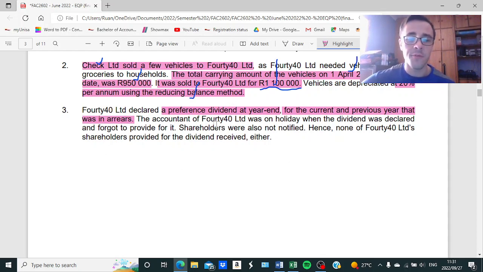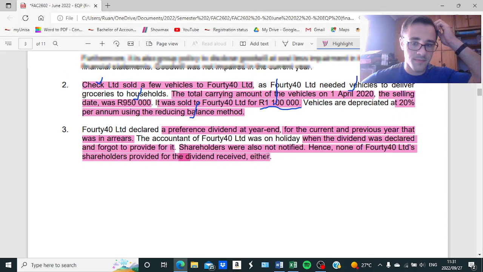The accountant of 4040 Limited was on holiday when the dividend was declared and forgot to provide for it. The shareholders were also not notified. Hence, none of 4040 Limited shareholders provided for the dividends received either.